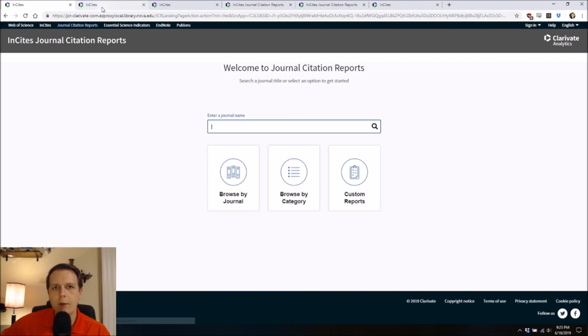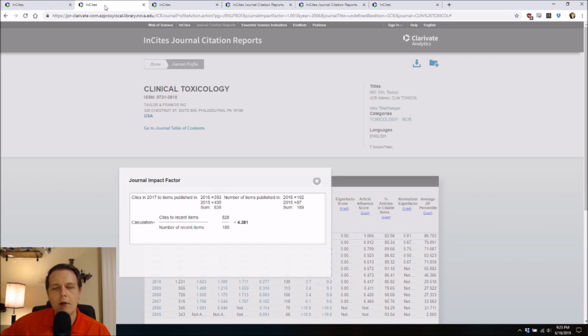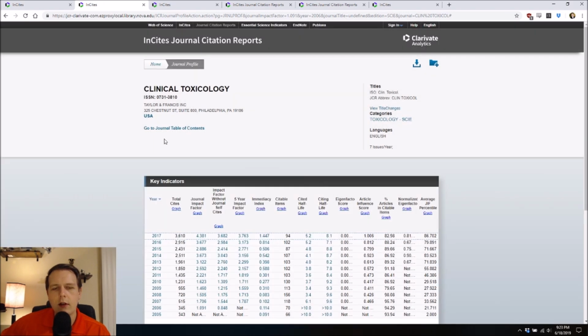So just to give you a few examples I have pulled up here, here's one for the journal Clinical Toxicology. Again, I talk about what I know, and tox is what I know. So Clinical Toxicology is kind of the gold standard toxicology journal that most people use who are interested in the field. So you can see here the basic information about the journal itself.